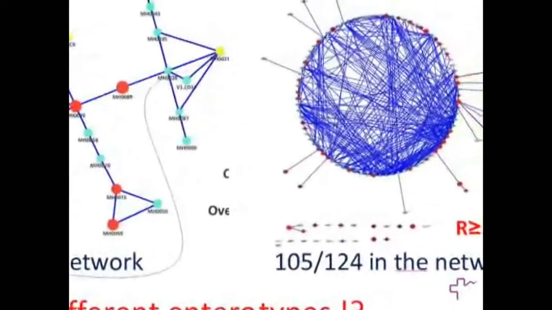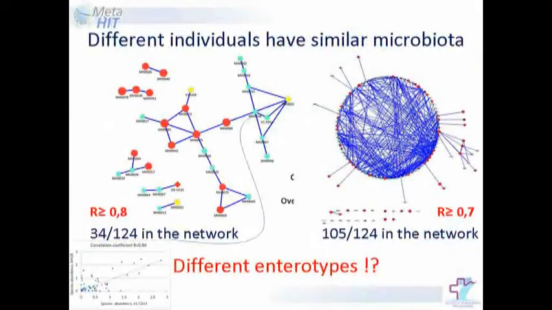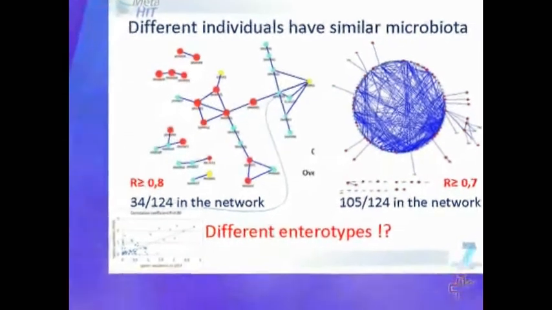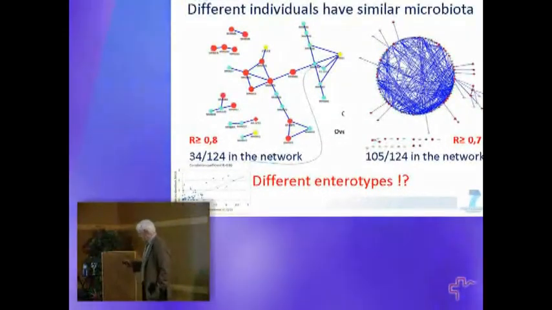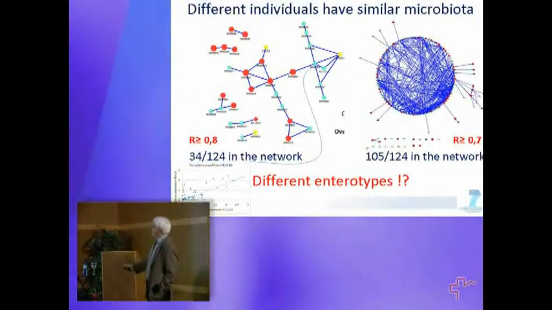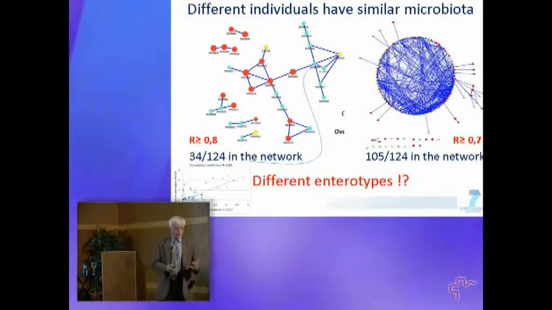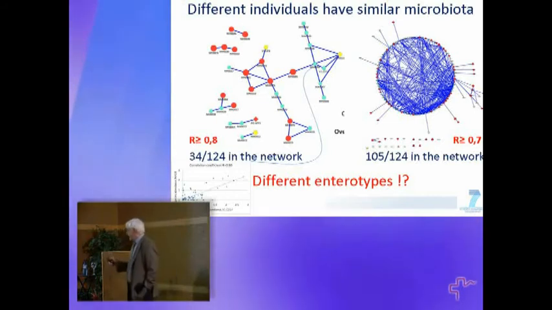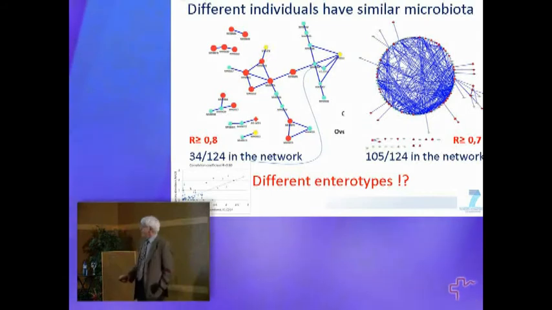Now, let me go through the color code. Obese individuals are in red, overweight in yellow, lean in green, and the size of a circle reflects their BMI. So if you look at this network, which links about 20 individuals, you can see that in one part, they're mostly lean.